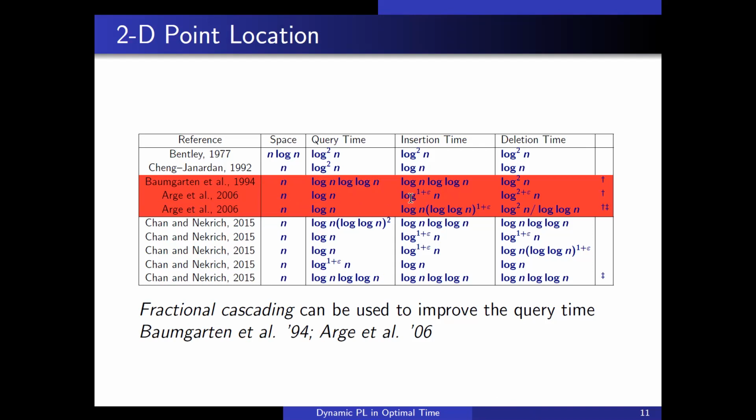However, the update time still remains very high. It's roughly log squared n, at least for one of the two update operations. And this is clear because we'll have to do binary search log n times when we do updates.